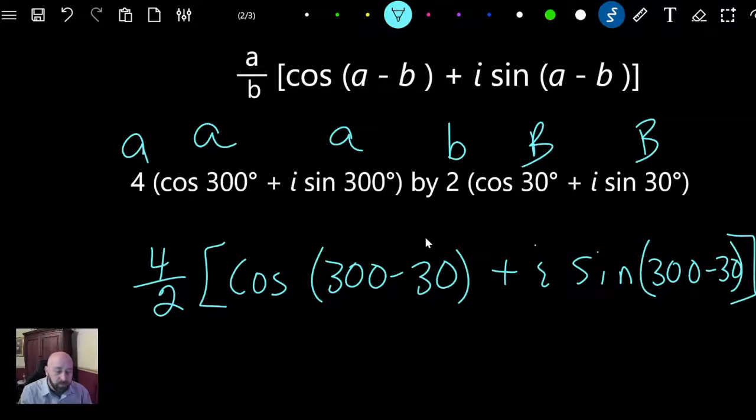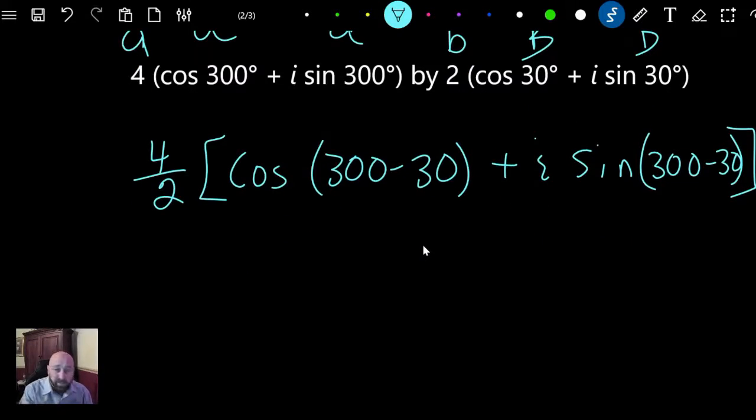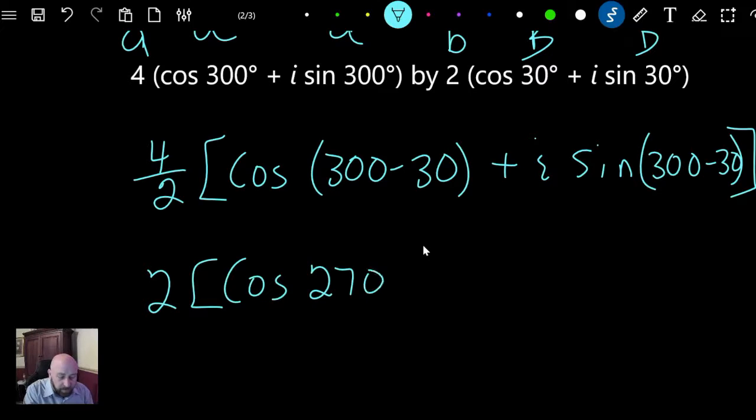And then we have our closing bracket. We're just going to do this now just like we did. So 4 divided by 2 is going to give us 2. And then this is going to give us the cosine of 270 plus the imaginary sine of 270.